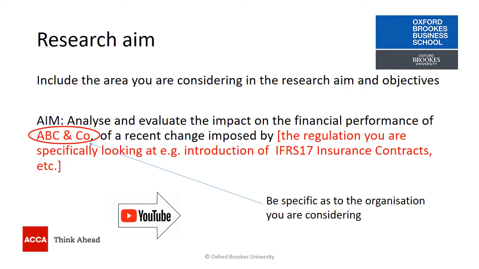So for example, you could have an aim to analyse and evaluate the impact on the financial performance of ABC & Co. of a recent change imposed by the introduction of IFRS 17 insurance contracts. If you're uncertain about how to formulate your research aims, please see the YouTube video which is specifically dedicated to that topic.